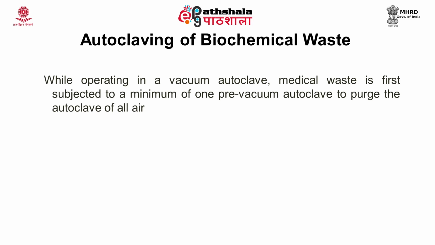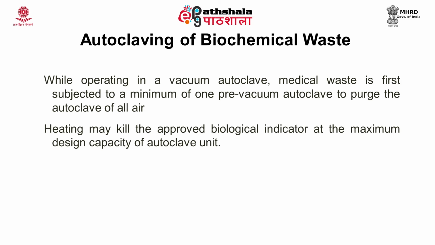While operating a vacuum autoclave, medical waste is first subjected to a minimum of one pre-vacuum pulse to purge the autoclave of air. Heating should kill the approved biological indicator at the maximum design capacity of the autoclave unit.